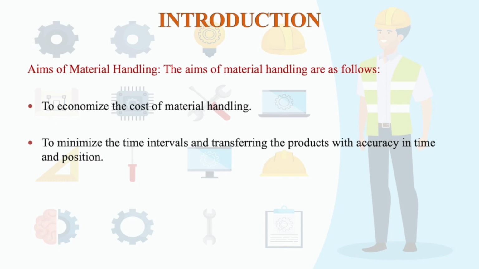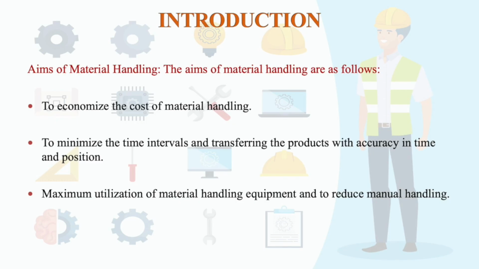Then, to minimize the time intervals and transfer the products with accuracy in time and production. We have to move the materials when they are required by the concerned person. Then, maximum utilization of material handling equipment and reducing manual handling. So these are the various aims of material handling.